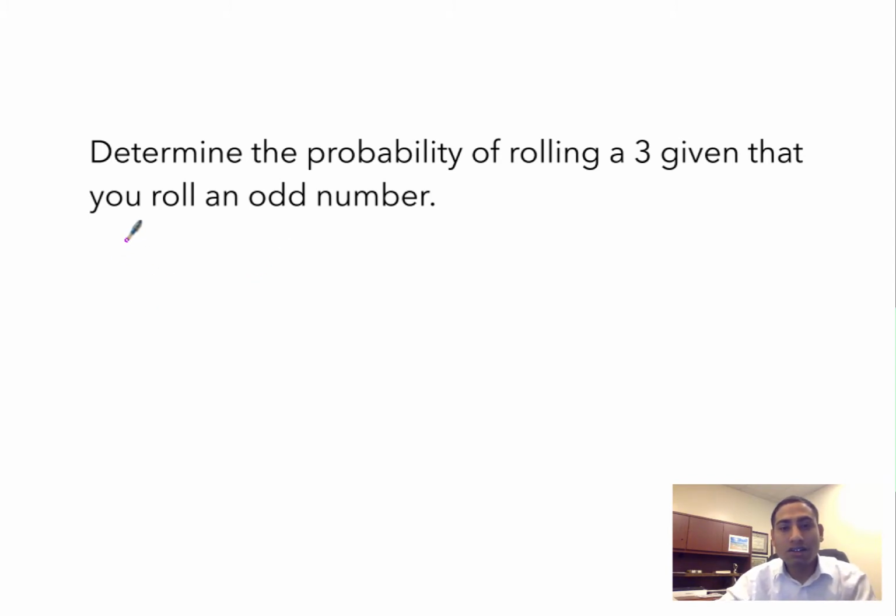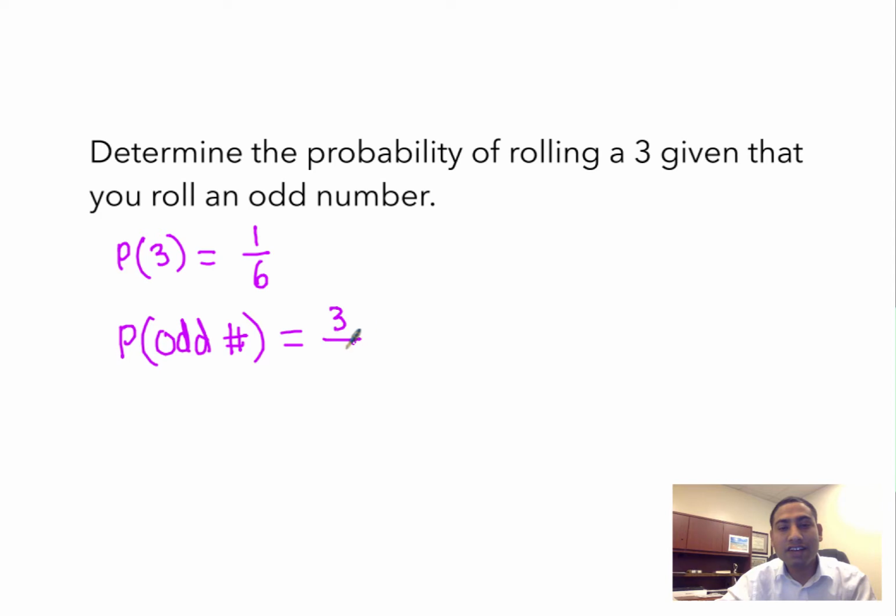So we'll start with finding the individual probabilities. The probability of getting a 3 obviously is 1/6, and the probability of getting an odd number is, well, there are 3 odd numbers that you could get, so it's 3 out of 6 or 1/2.